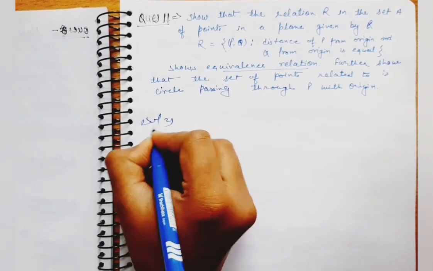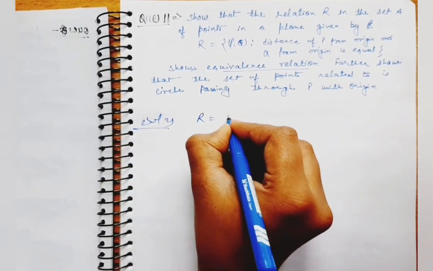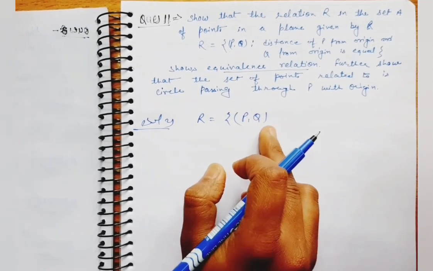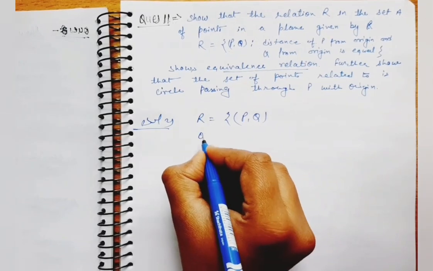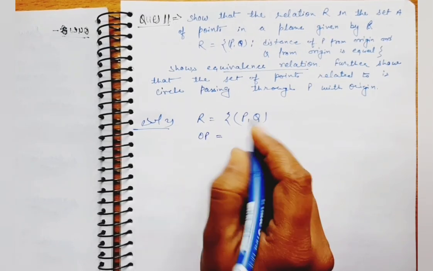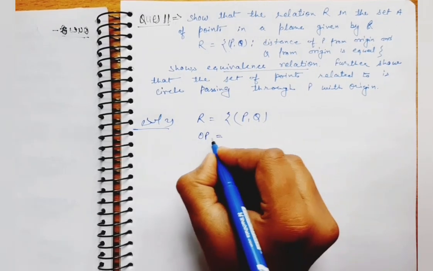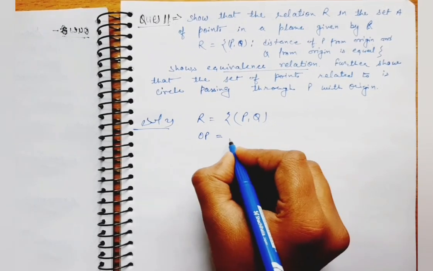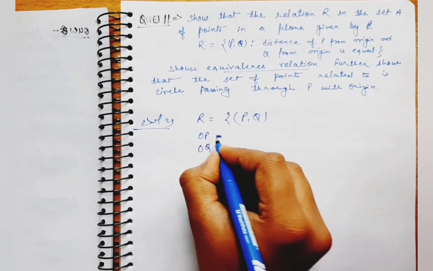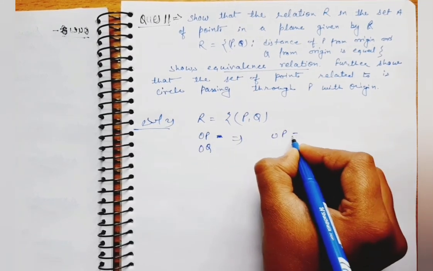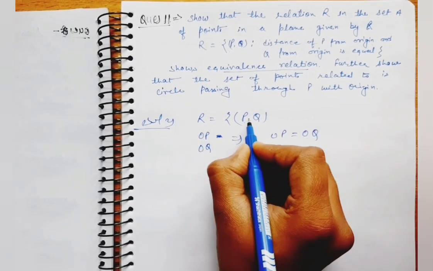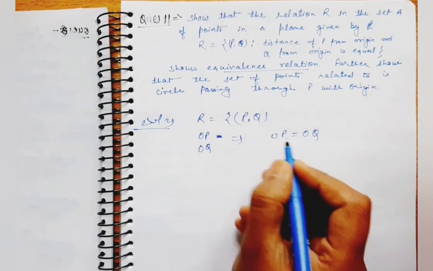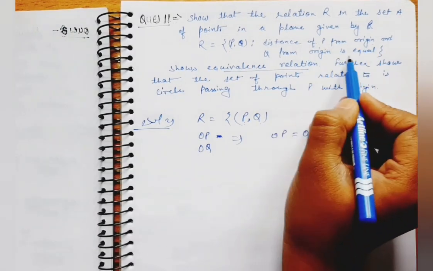So we take P and Q, that means exactly the distance from the origin, we can say OP, and the second distance is OQ. And it is given that OP is equal to OQ by this condition. If we take any two elements in R, their distances from the origin are equal. It is given in the condition.